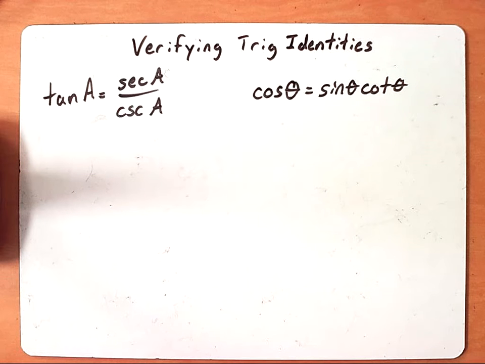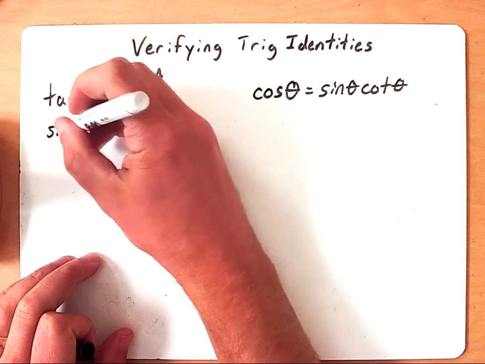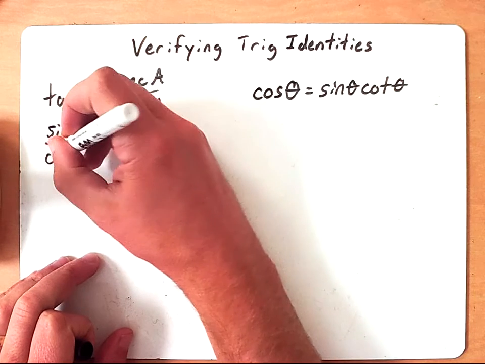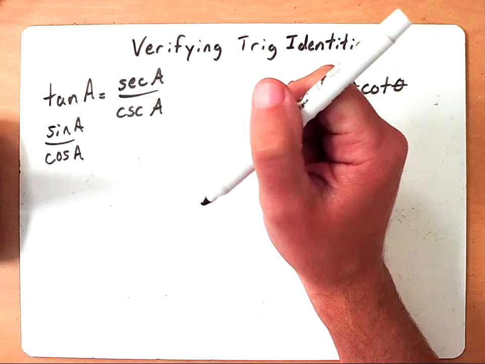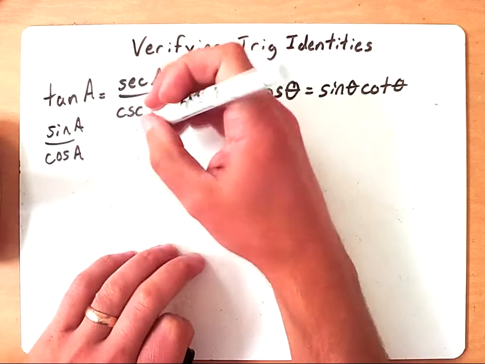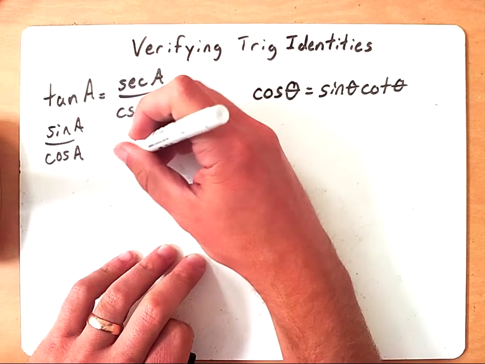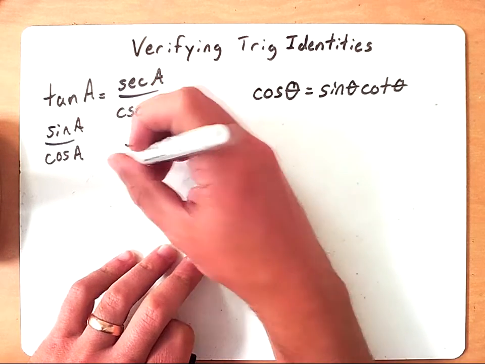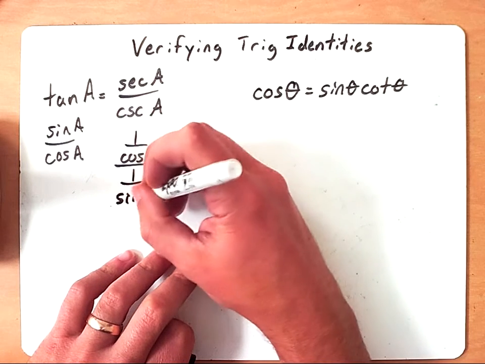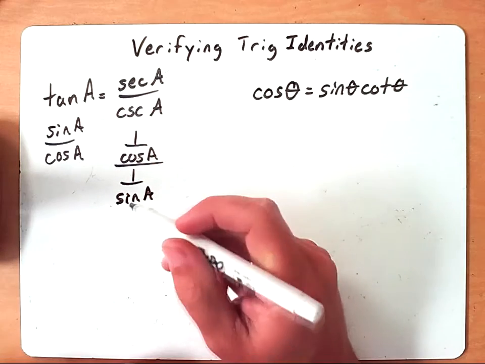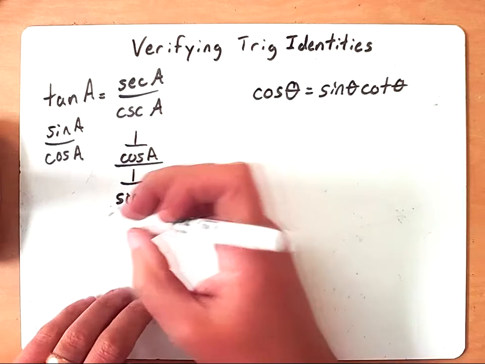Since tangent can be expressed as sine of A over cosine of A, I probably want to put secant and cosecant in terms of sine and cosine. So secant of A would be the same thing as saying 1 over the cosine of A. Cosecant A would be 1 over sine of A. I am dividing by a fraction, so I want to multiply by the reciprocal.